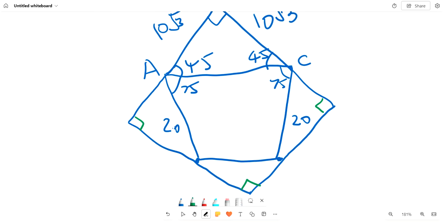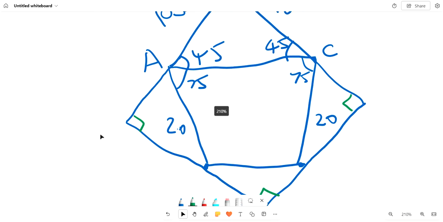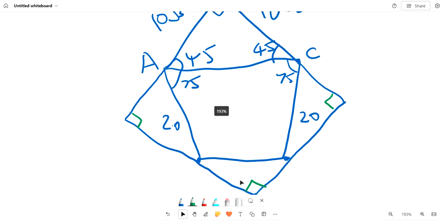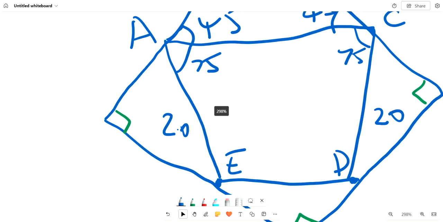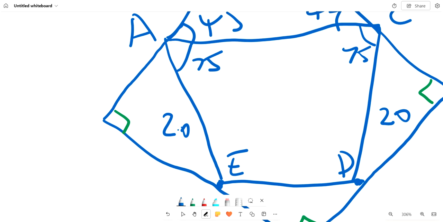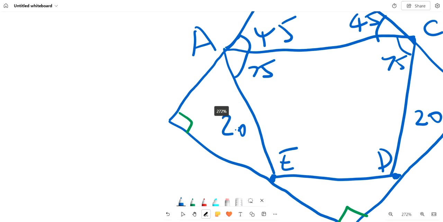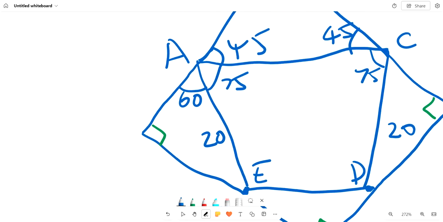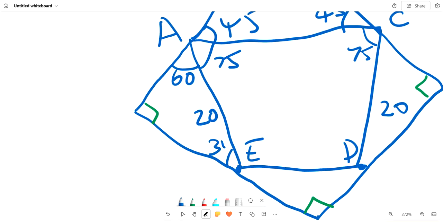So we see that this triangle over here. Oh, I forgot to label D and E here. This triangle over here that I'm focusing on right now is a 30, 60, 90 triangle. 60 because it's a supplementary angle to the 120 degree one, and 30.